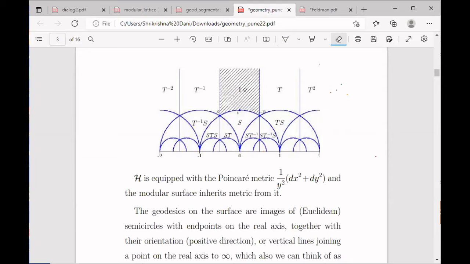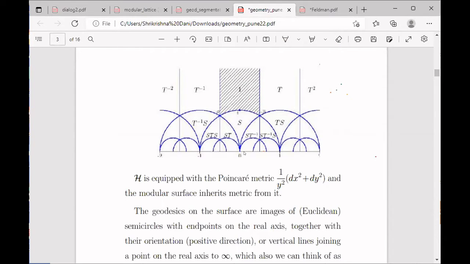Now, these geodesics can have very complicated types. I should perhaps start with the very simple types of geodesics, and then there can be more and more complicated ones. The simple ones come from the following picture.